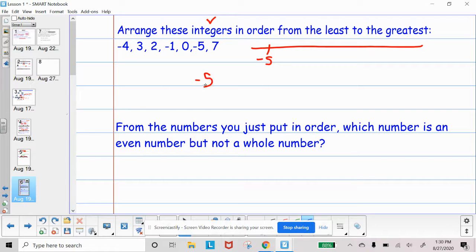So -5 is my smallest, then -4, and I'm going to cross them out as I go so I don't forget any, and then -1, and then 0 would be the origin, remember? And then all the positive numbers would be to the right of 0, so the next number would be 2, and then 3. So I put them in order from least to greatest.